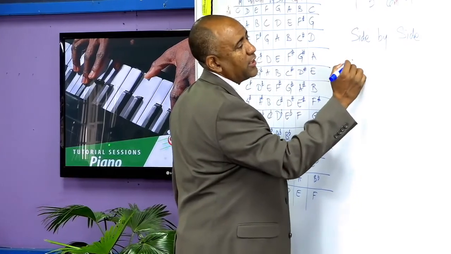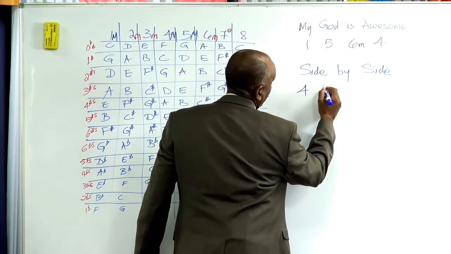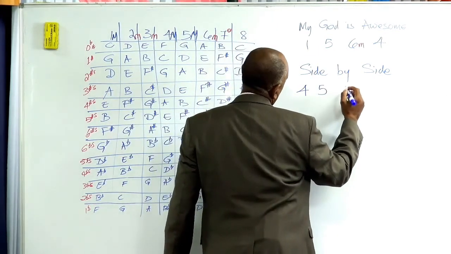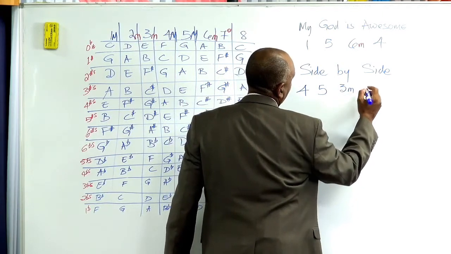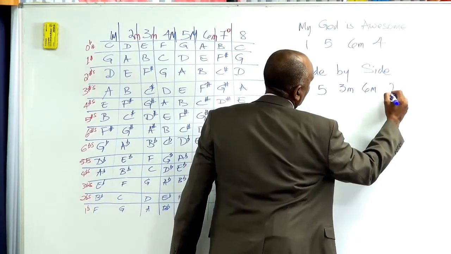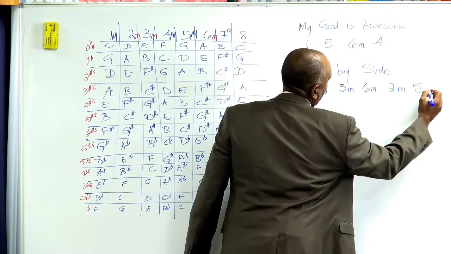So we'll use in this one, we'll use 4, 5. For this purpose, we're going to use 3 minor. Then we use 6 minor, 2 minor, 5, and then 1.